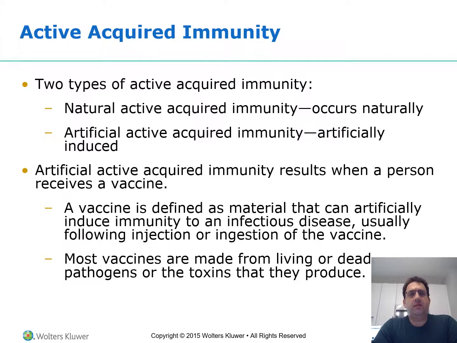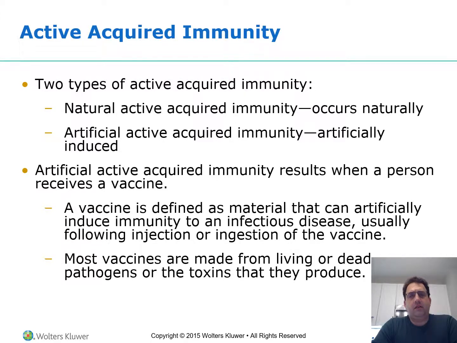This is what happens when you get sick. Artificial active immunity is when you don't get sick and get over it, but you're actually introduced to the microbe artificially.